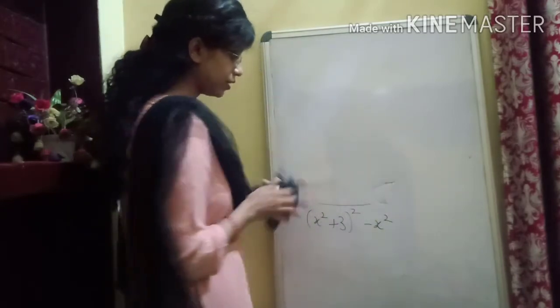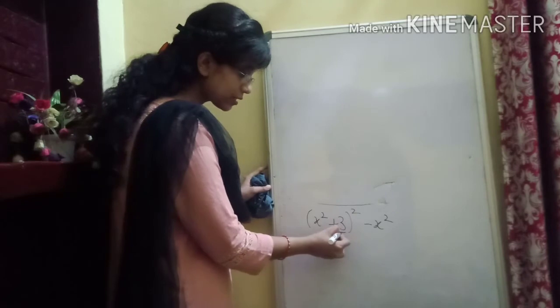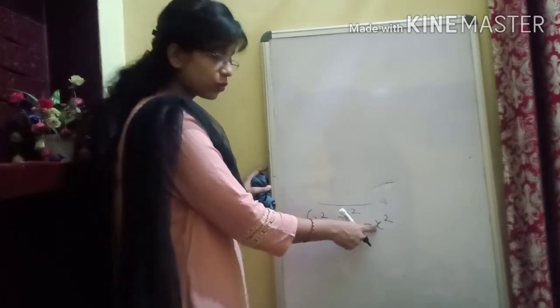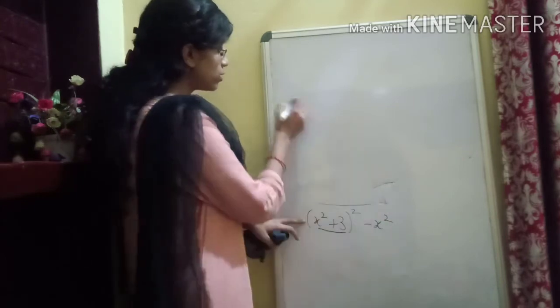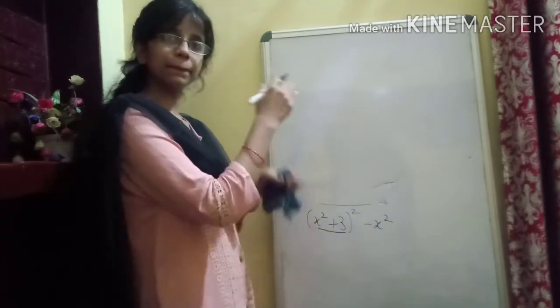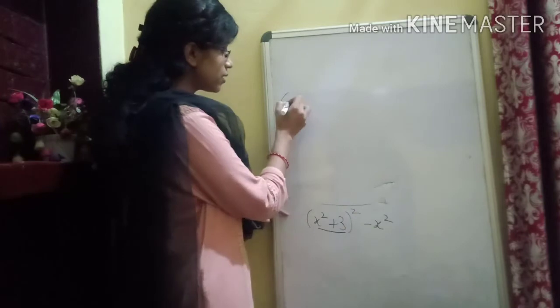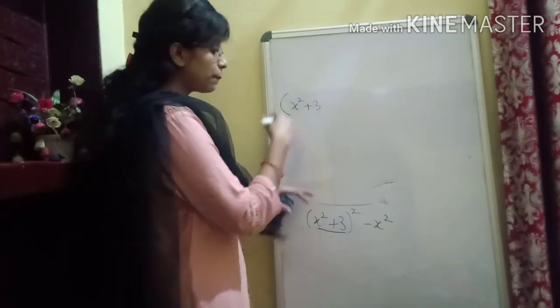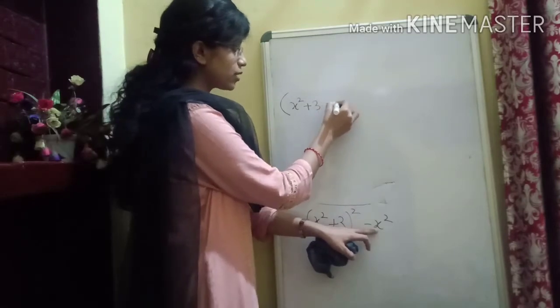If I write, by the way, your a is this whole thing, x square plus 3, and your b is x. Okay. So in one bracket it should be a plus b, where your a is x square plus 3. This is your a plus b. What is your b? That is x.